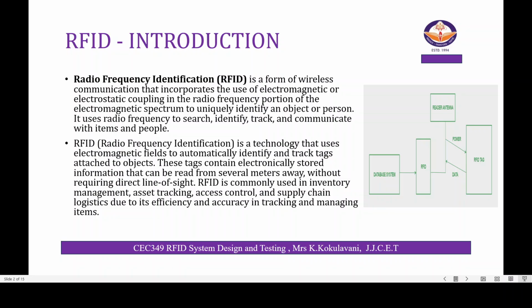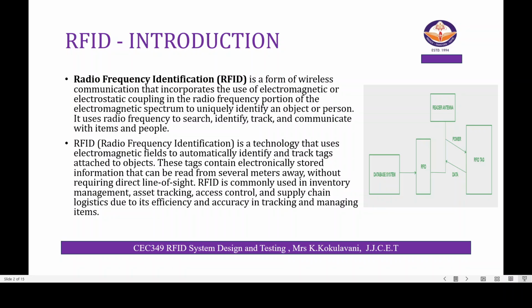We can easily identify a person or an item using this RFID identification. In this technology, we use an electromagnetic field to automatically identify and track tags attached to these objects.